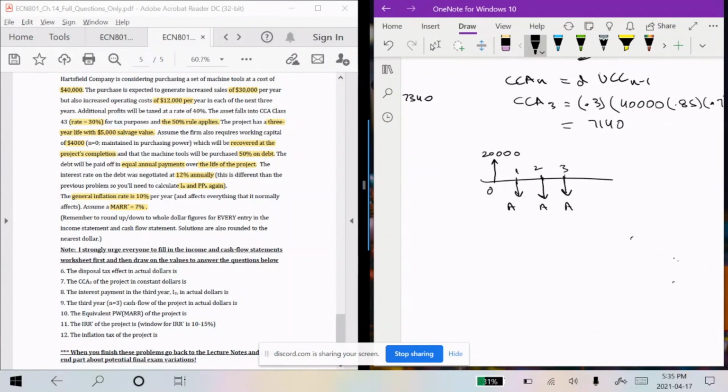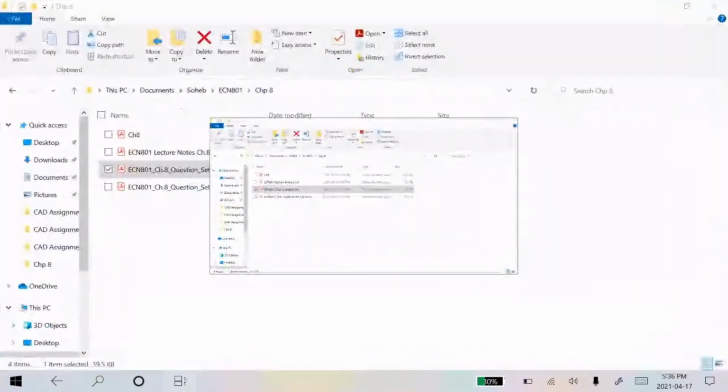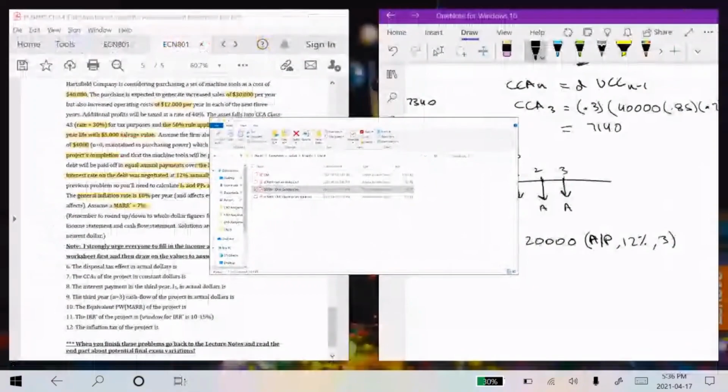So we need to find out the annual cost, or whatever it's called. I don't remember, but we need to find the A. So the A is 20,000, A given P. Now, what is the interest rate? The interest rate on the debt was negotiated at 12% for 3 periods. Okay, so let's pull up the interest factor tables.